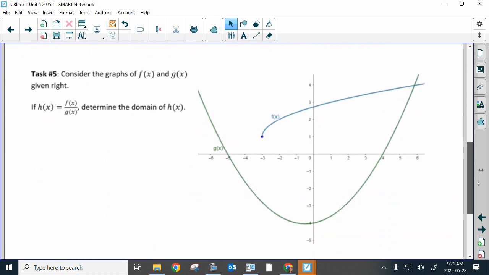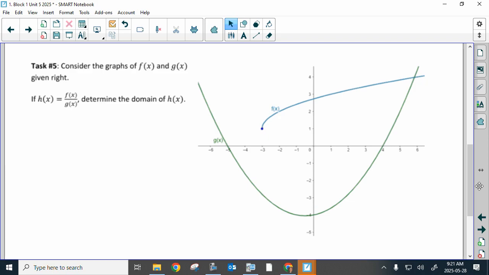How about this one? Okay, so this is combining functions.